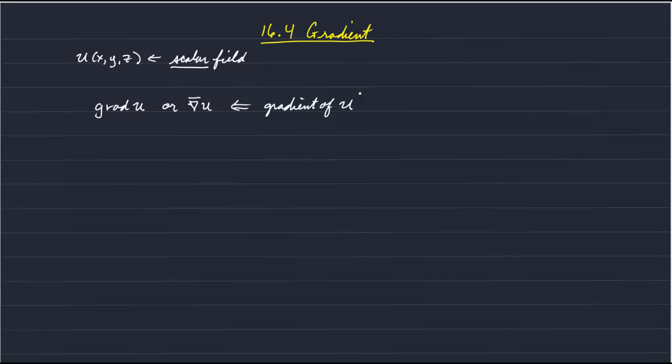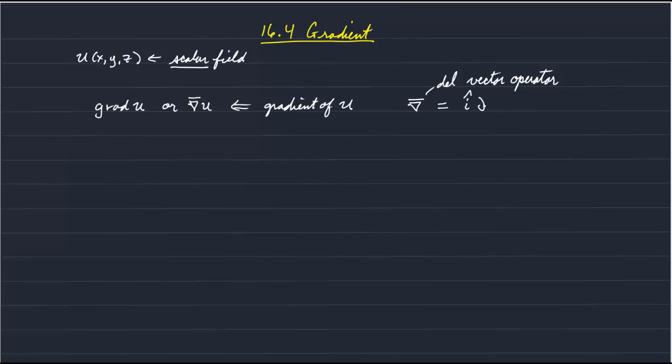Now the del operator is a very convenient way of understanding gradient. Remember that del in Cartesian coordinates is a vector operator. It's an operator with vector properties.